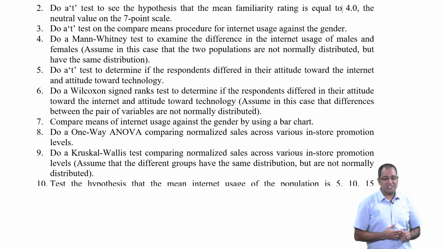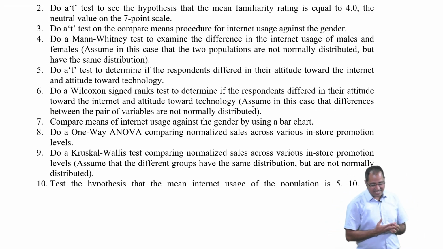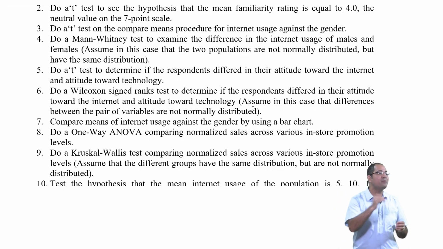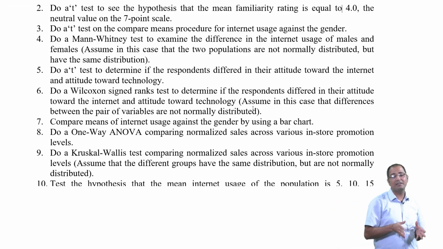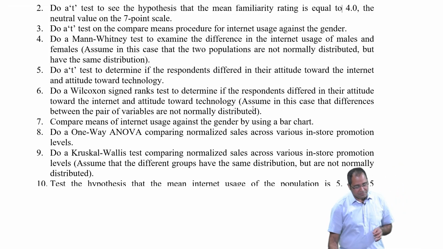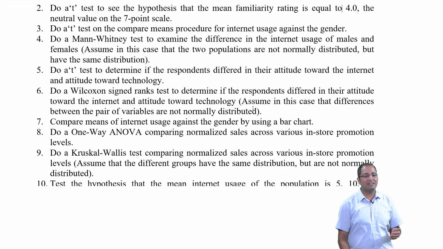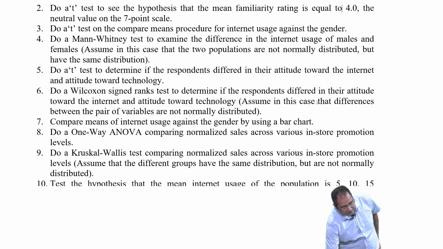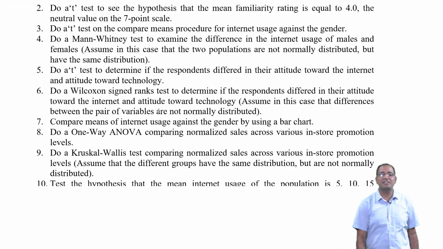Okay, the sixth one is do a Wilcoxon signed rank test. The Wilcoxon signed rank test is a non-parametric alternative to the paired sample t-test. There are some assumptions for the paired t-test. The assumption is that differences between the pair of variables are normally distributed.